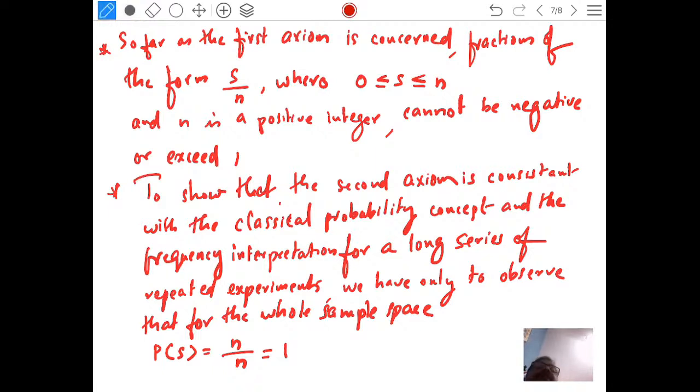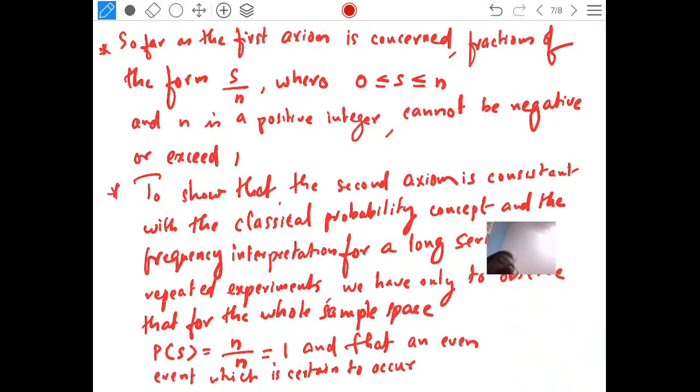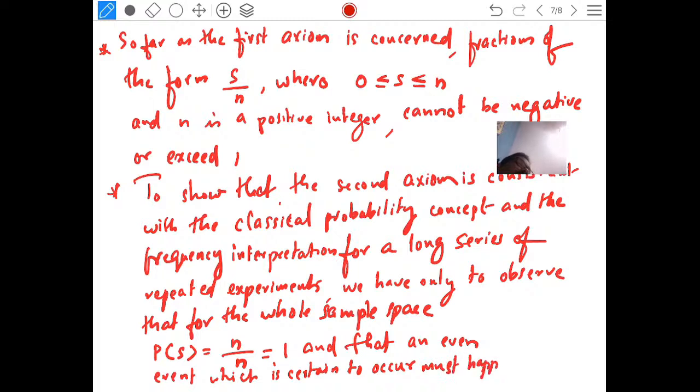And that can say that an event which is certain to occur must happen 100% of the time.